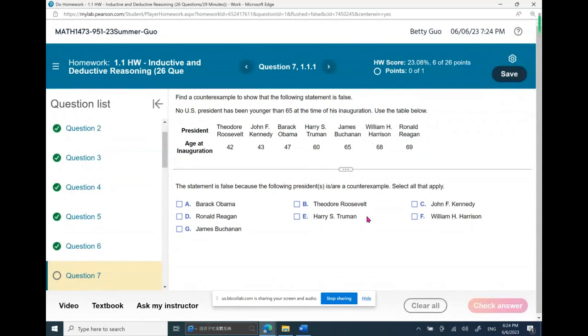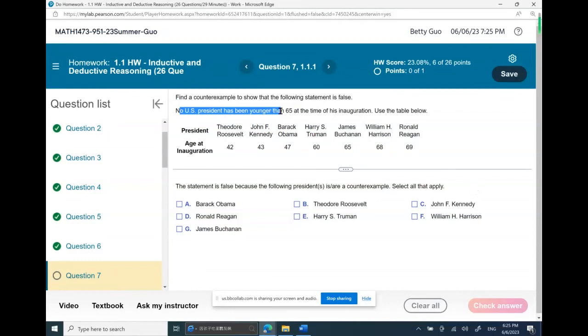Find a counterexample to show that the following statement is false. The statement is false because the following president is a counterexample. Select all that apply. What kind of statement is this? President. Oh, this is a statement.